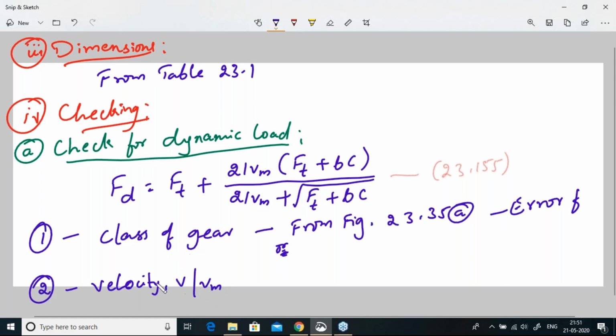So if we don't know class of gear, then we can go with velocity V or Vm.